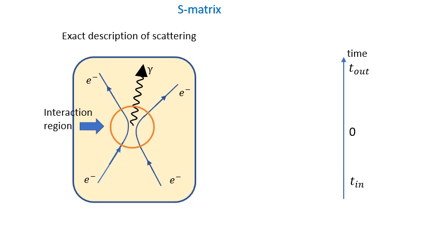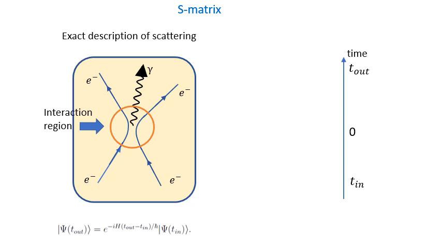Then all particles left the interaction region and continued to propagate without interaction again. This was an exact description of scattering.